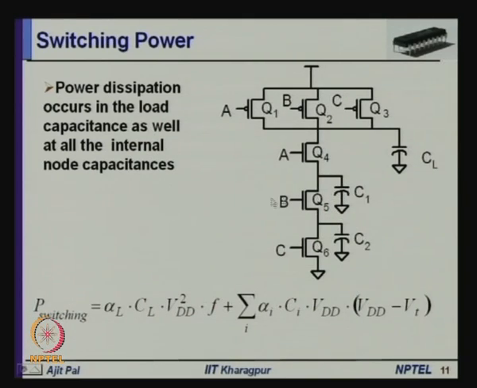So, for a generalized CMOS circuit, what is the switching power dissipation?